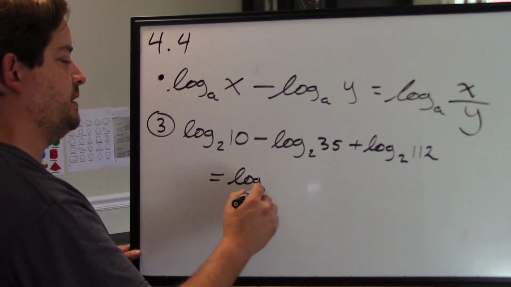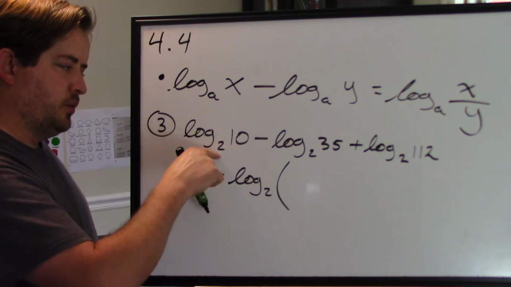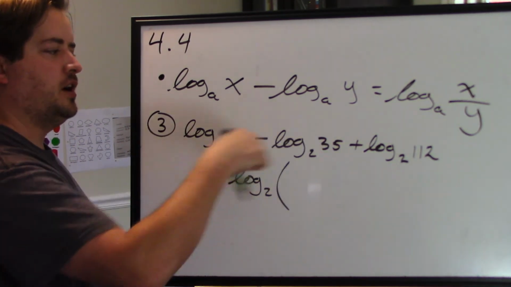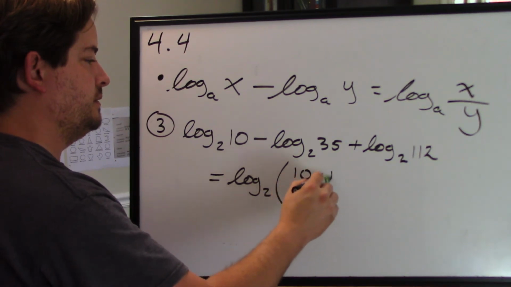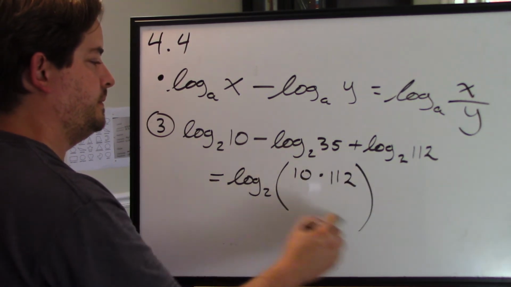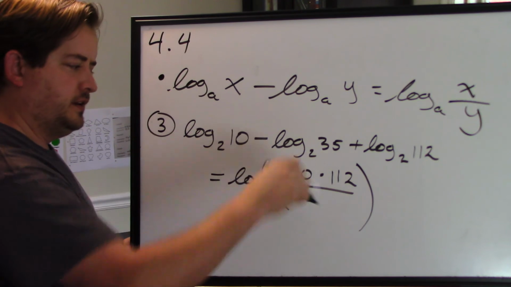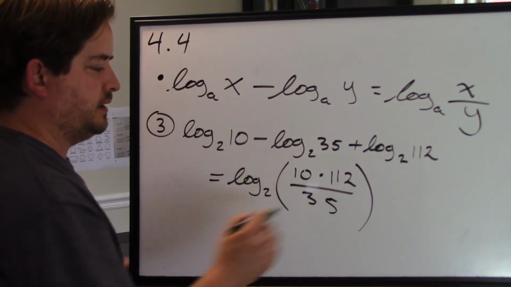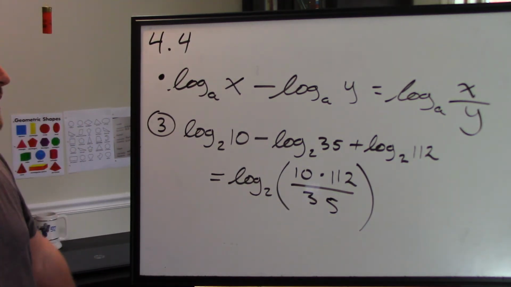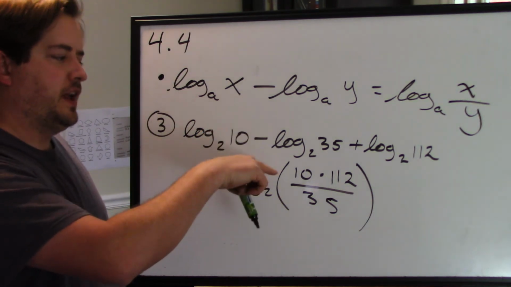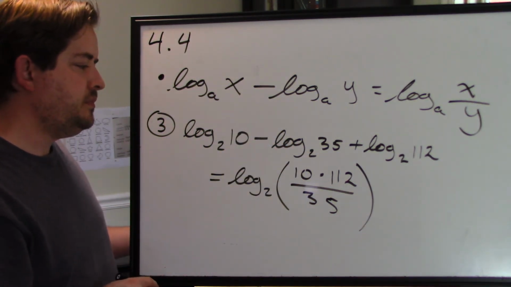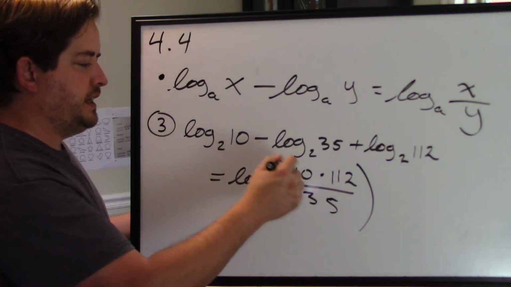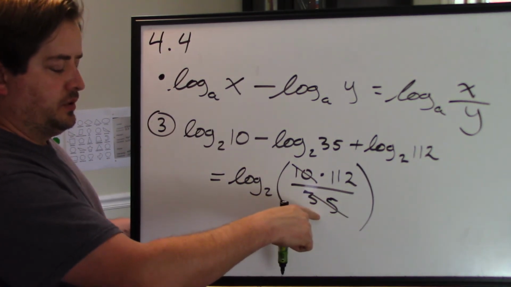This is going to end up being the log base 2 of whatever log is positive, the inside goes in the numerator. And the negative log, its innards go in the denominator, right? So I get the log base 2 of the fraction 10 times 112 over 35. This all simplifies because 10 and 35 are both divisible by 5.